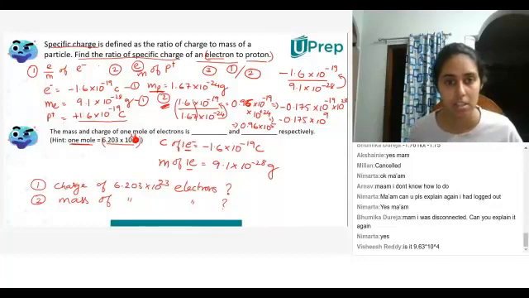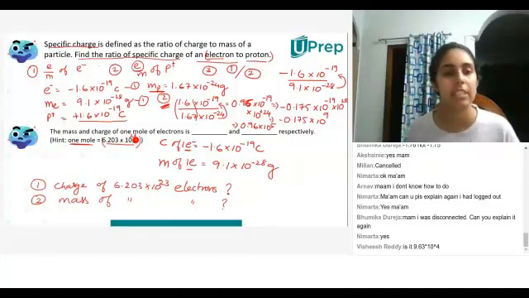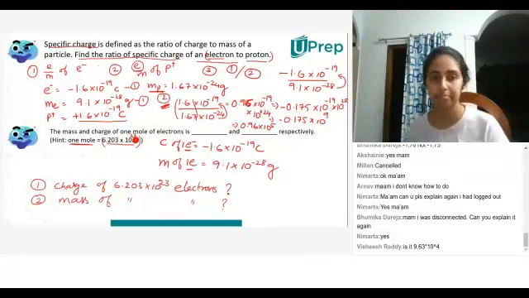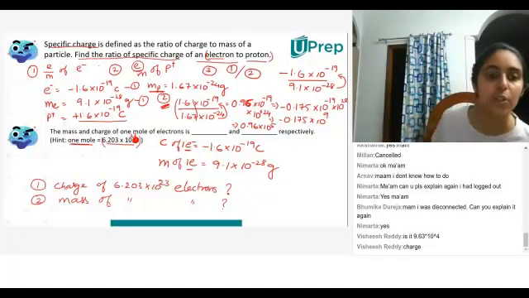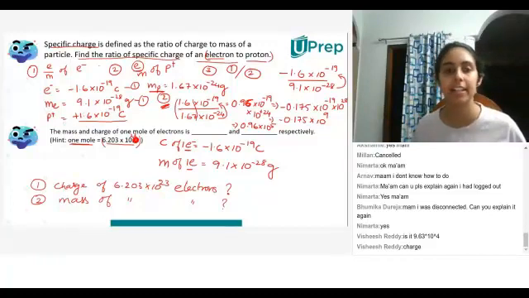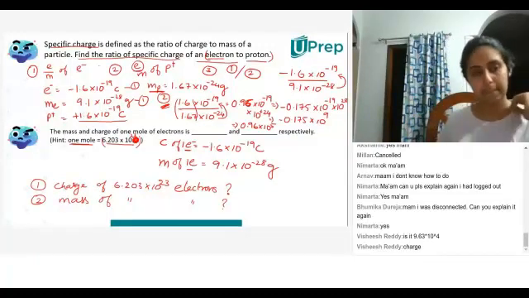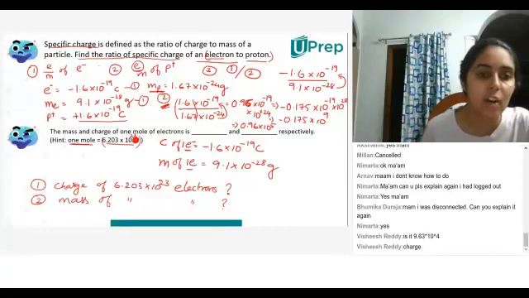Is that the mass or the charge, Vishesh? So there has to be a negative sign, right? Also, make sure you mention the units.